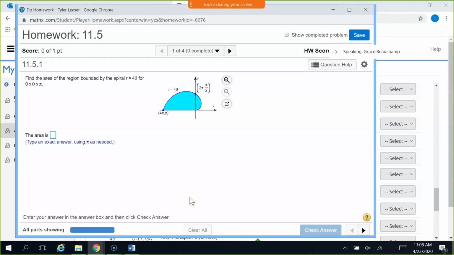All right, so on the 11.5 homework, question 1: find the area of the region bounded by the spiral r equals 4 theta for this weird looking loop.